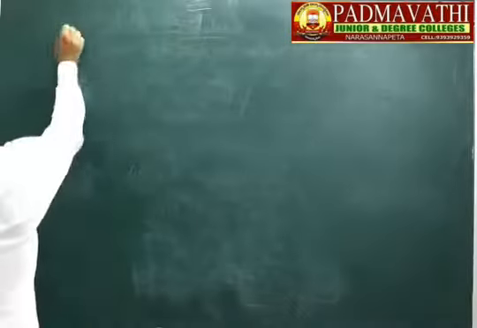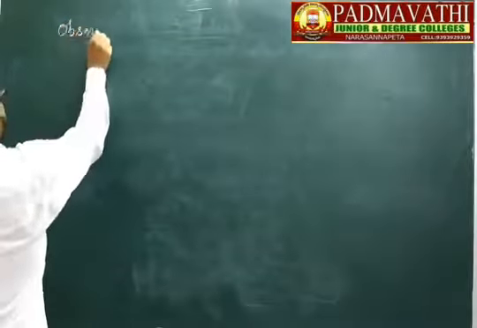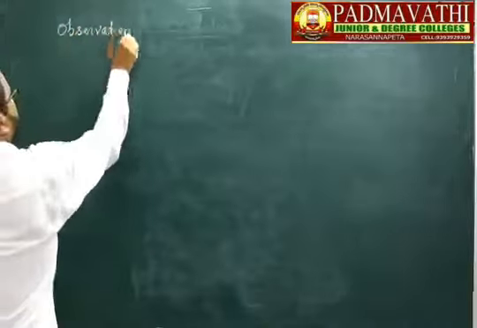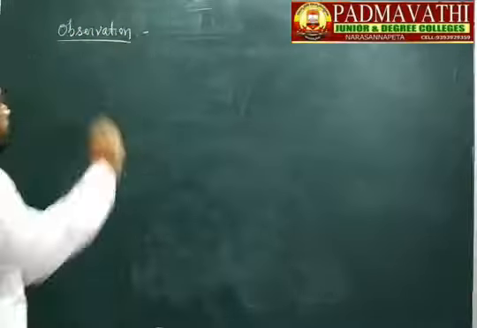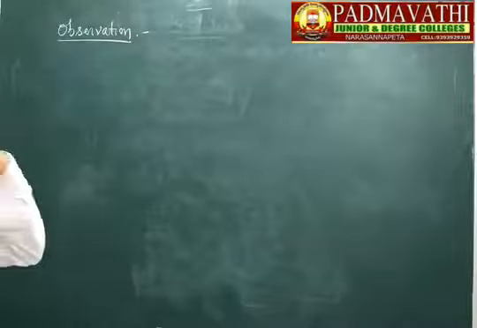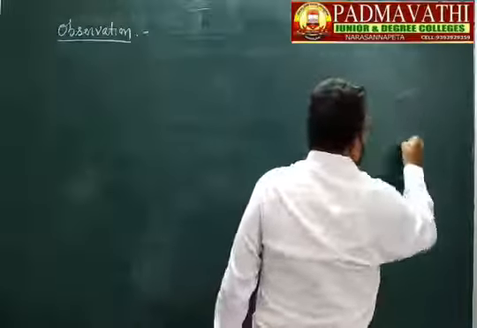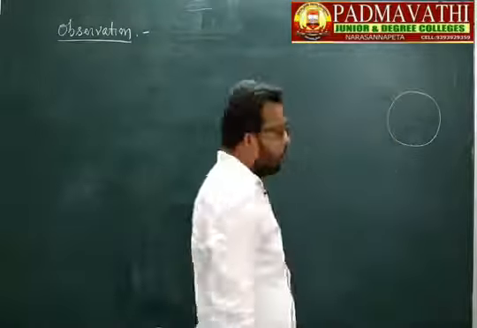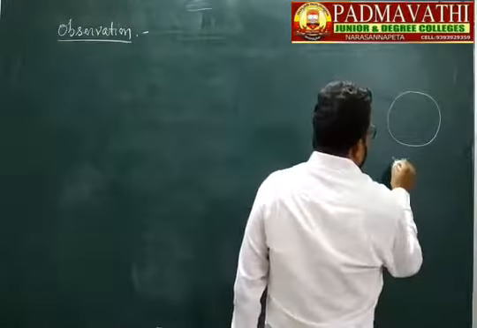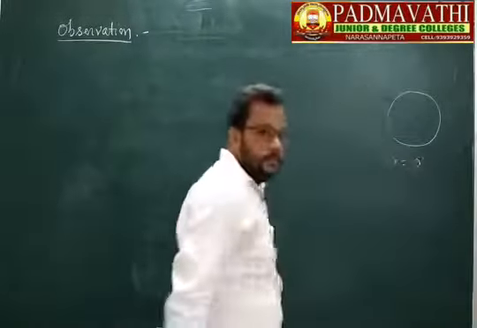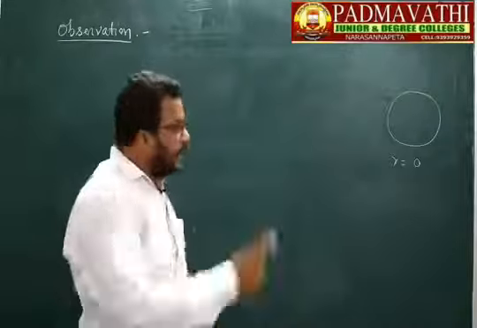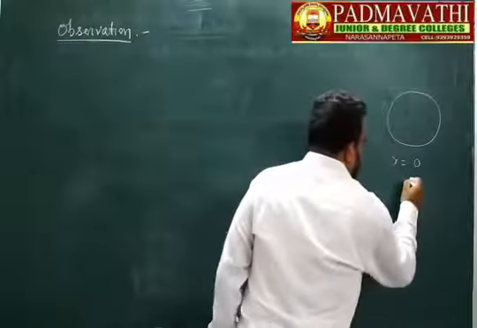Observation 1. If the radius of the circle r is equal to 0, with center (h, k), that is called a point circle.